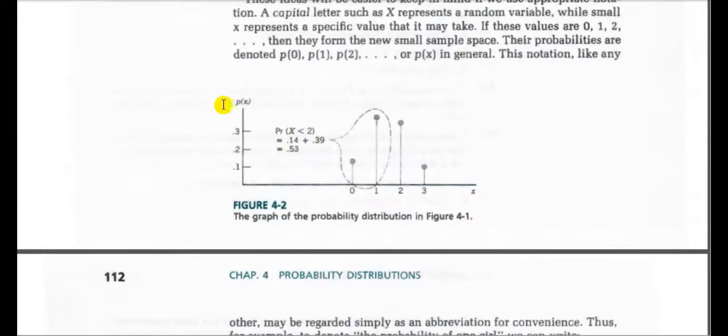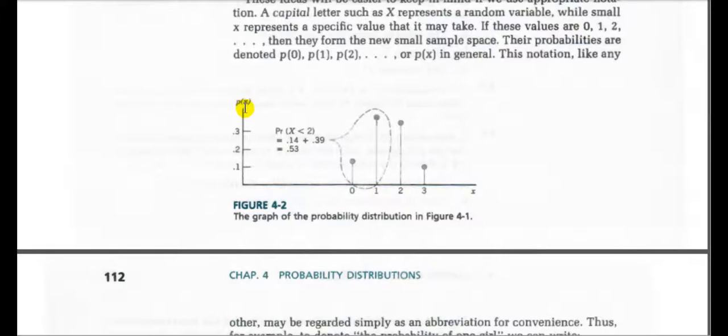Here we have a picture of the distribution. The random variable can only be 0, 1, 2, or 3, if we're talking about the number of girls in a 3-child family. The probability of 0 we said was 0.13.